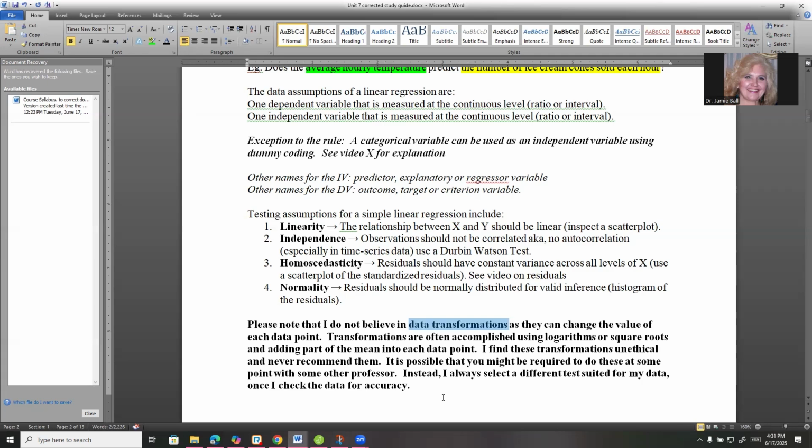I personally feel that these are unethical and you should simply switch to a more appropriate test most of the time. Okay, so while you're finishing class with me, you will not be transforming data, but you should be aware of it in case your dissertation chair or some other professor requires it.